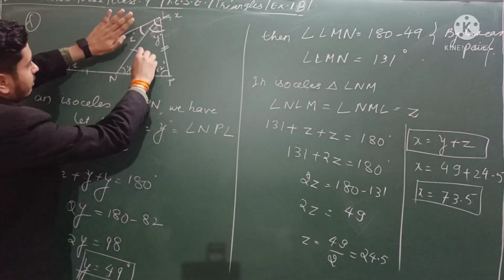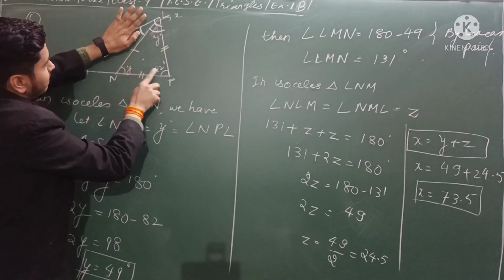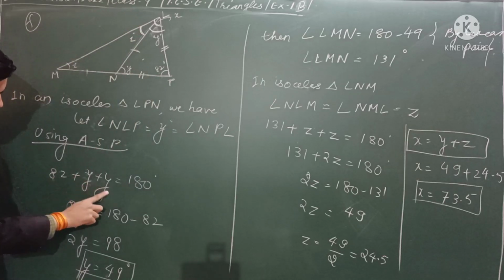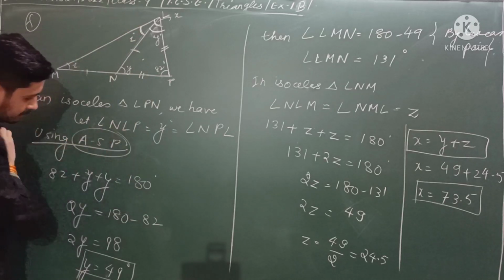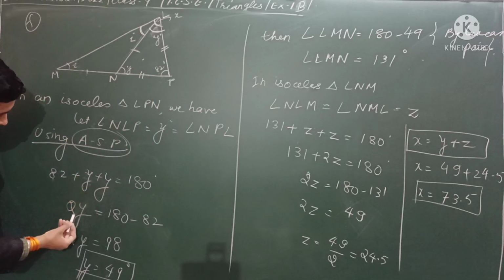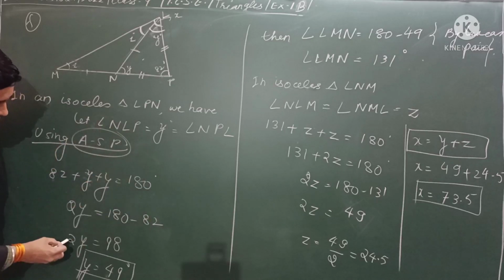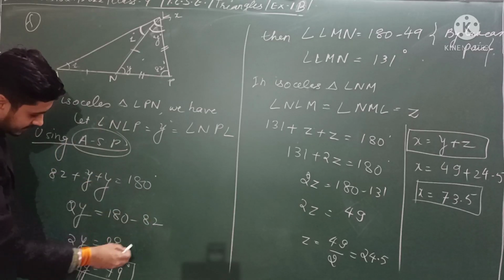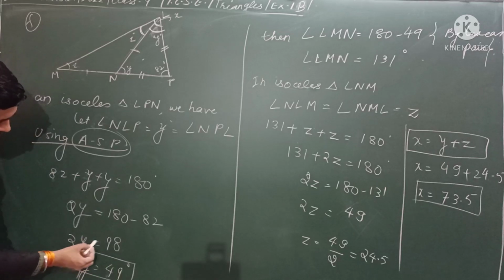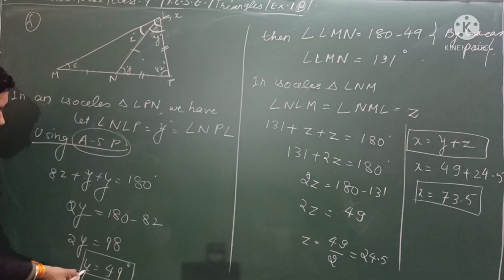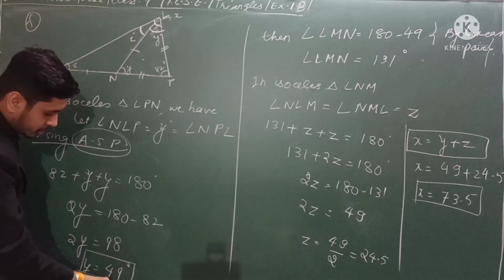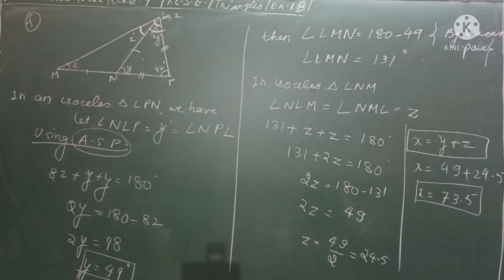In this triangle, y plus y plus 82 is equal to 180 by the angle sum property. So 2y, 82 is transposed there, 180 minus 82 is 98, 2y is equal to 98, y will be equal to 98 over 2, you will get 49 as the answer.